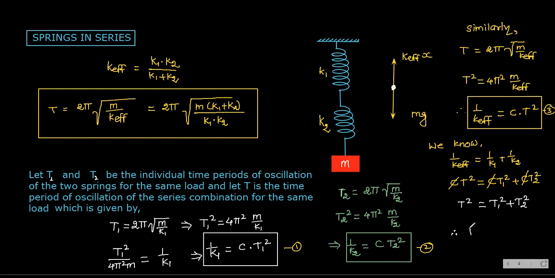And therefore if I want the combined time period in terms of T1 and T2, then this is T1 square plus T2 square. Understand? Is that clear? Please note down. If you have a doubt, you can ask me. Okay, note down. Clear?